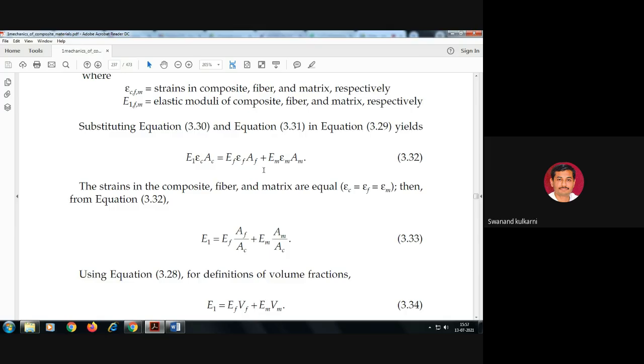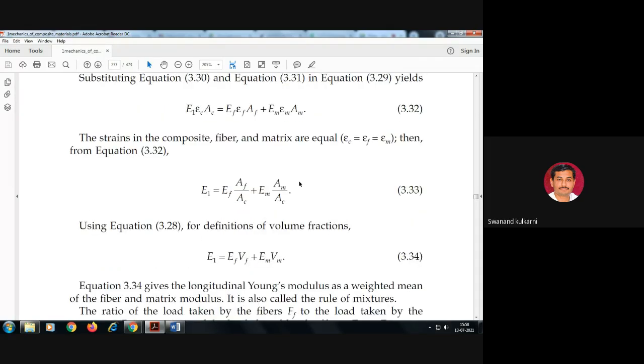That quantity will get cancelled here, and then the Young's modulus in the longitudinal direction, or the direction of force application, which is considered to be E1, is nothing but Ef Af upon Ac plus Em Am upon Ac. But already we have seen what Af upon Ac is and what Am upon Ac is.